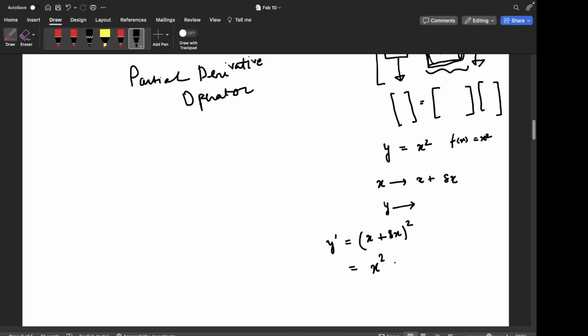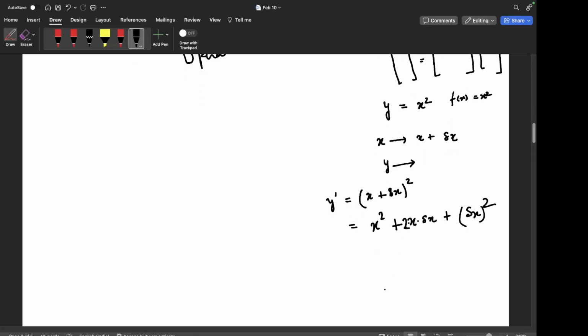Okay. So y dash is this new x, which is x plus delta x, squared. So let's take the square: x square plus 2 times x delta x, the usual a plus b whole square formula, plus delta x square, right? Now this expression has a term delta x square. We will ignore that term because that's the square of a very small quantity, so it's even smaller compared to the other two terms.